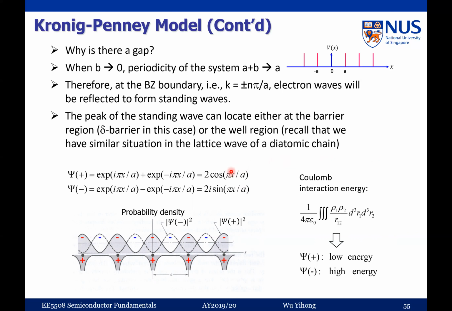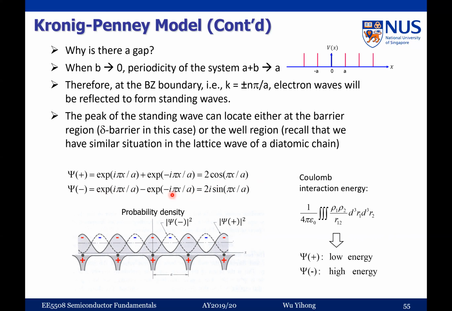One type is that during the reflection the phase is not changed, and in this case you simply have this one plus this one, and you get one type of standing wave. The other type is that during this reflection the phase is changed by 180 degrees. That means you have this one minus this one, and you get another type of standing wave.